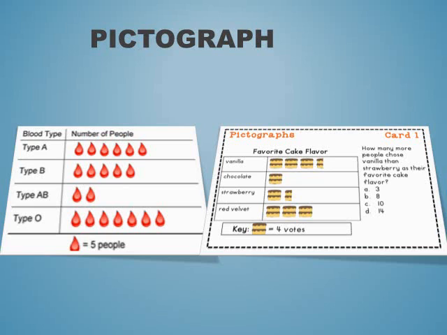So for each flavor, you count 4, 8, 12, and then you have 2. It is 14. For the chocolate, 4. For the strawberry, bravo, 6. And for the red velvet, 4, 8, it is 12.